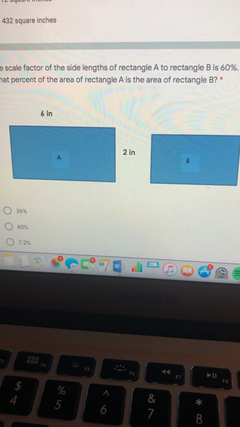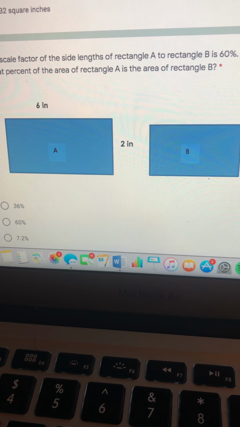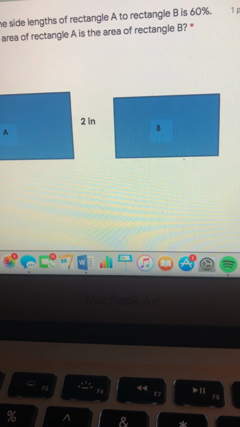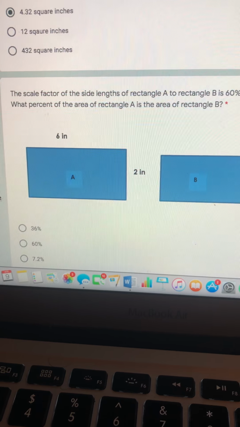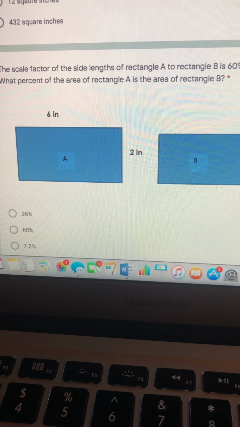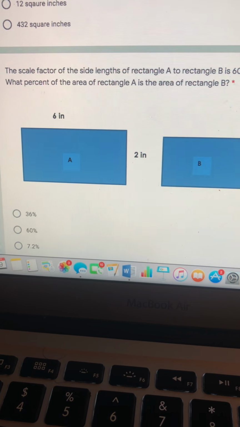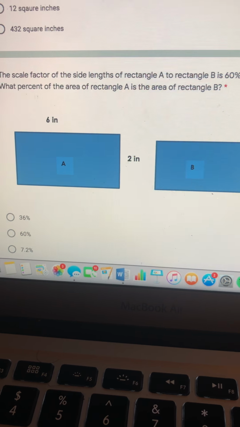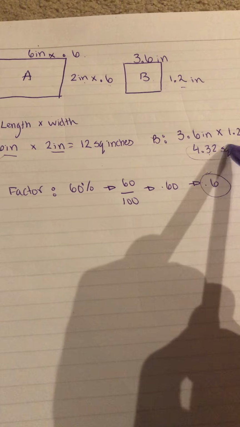Because we had to find the dimensions of rectangle B, and now we have to compare the two areas. What percent of the area of rectangle A is the area of rectangle B? Because rectangle A is bigger, we want to figure out what percent of it rectangle B is.